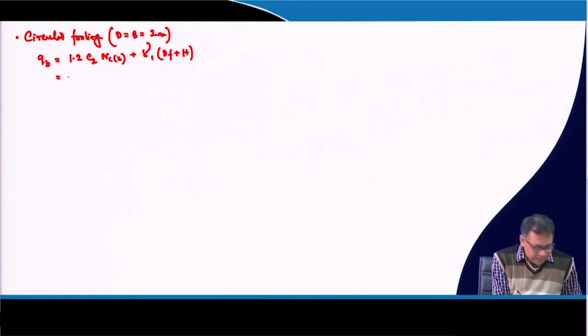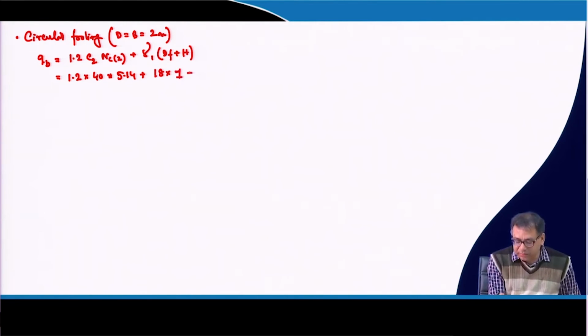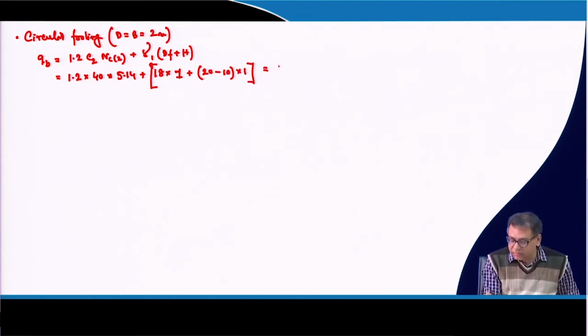And then I am writing here 1.2, C2 is 40, then NC2 is 5.14, then plus 18 into 1, plus 20 minus 10 into 1, so that is 275. So, that value is coming out to be 275 kilonewton per meter square.